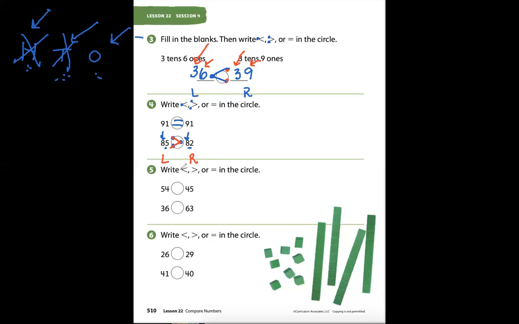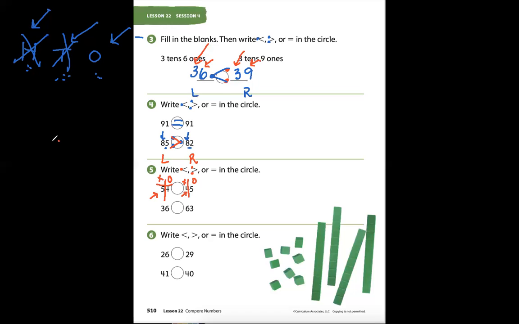Problem number 5, write less than 1 dot, greater than 2 dots, or equal in the circle. Ooh, this is a tricky one. Sometimes it's just easier to make your T-chart. Tens and ones. There are 5 tens. There are 4 tens.